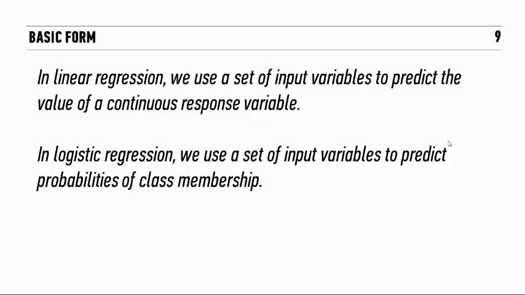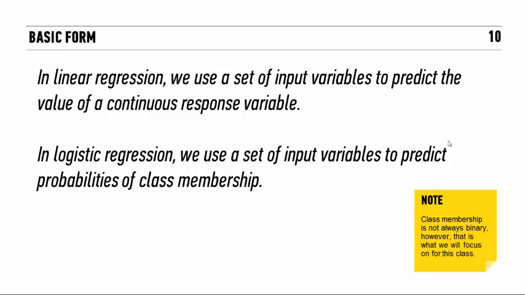This is one of the best features of logistic regression. It is not only good for predicting class membership, but it is also good for predicting the probabilities of class membership. Not all classification models are good at that, but logistic regression is, and we'll see why. Class membership is not always binary, but that's what we're going to be using in this class.